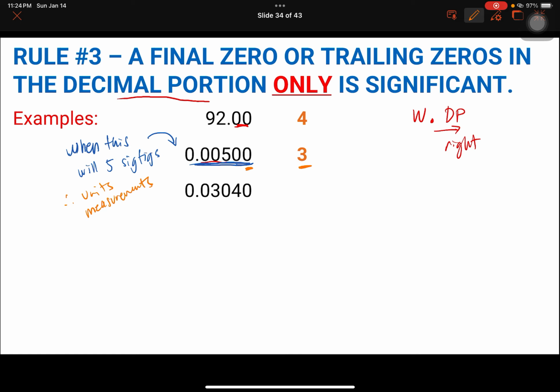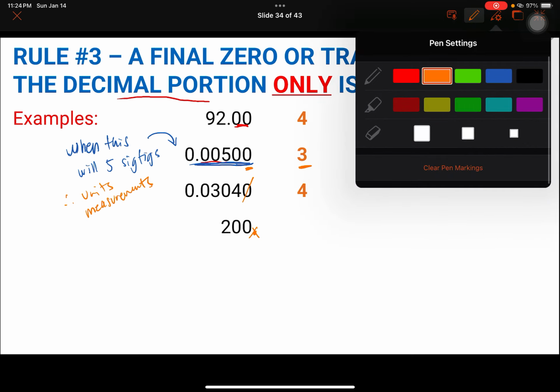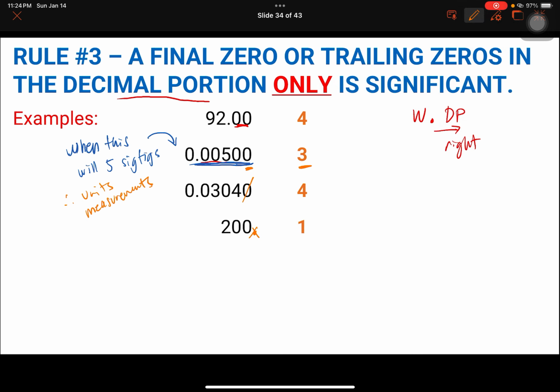Next, 0.304. So, walang unit. So, hindi natin sasama yung 0. Therefore, 4 significant figures. Next, 200. Okay, wala tayong decimal point, di ba? Therefore, wala tayong decimal point. 1 significant figure lang. Next, pag nagkaroon na tayo ng decimal points, doon na magiging mahalaga yan.